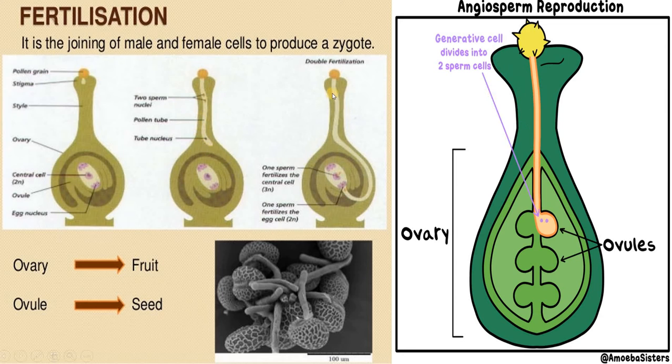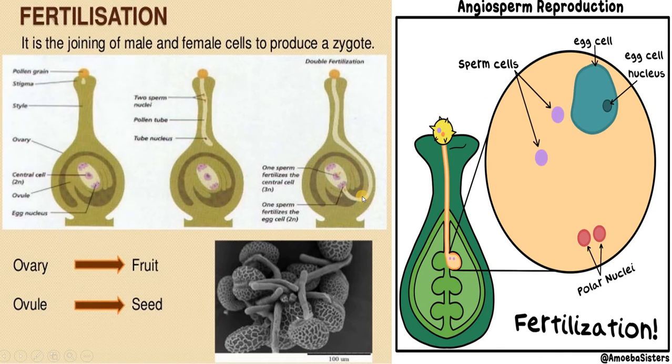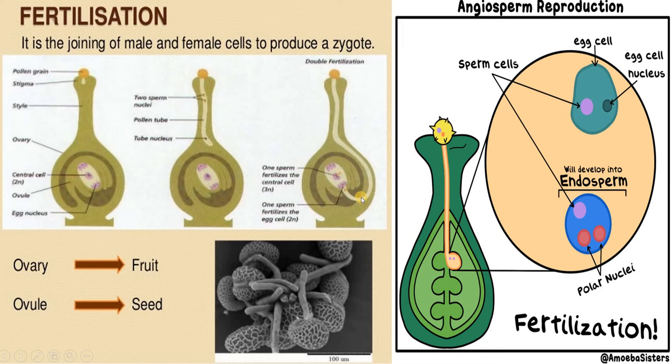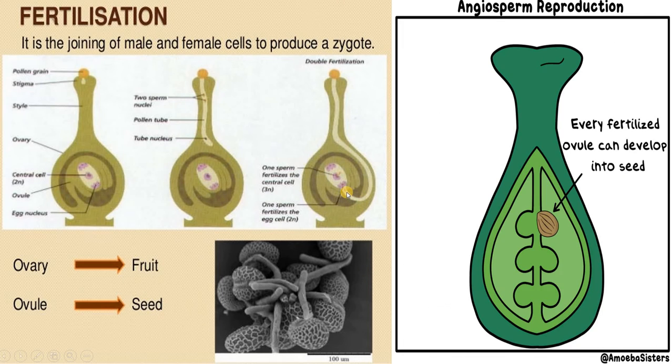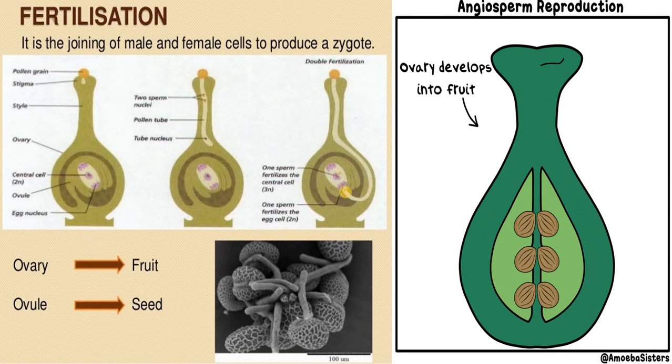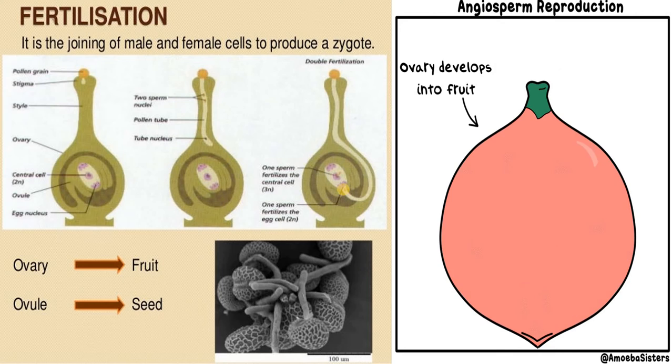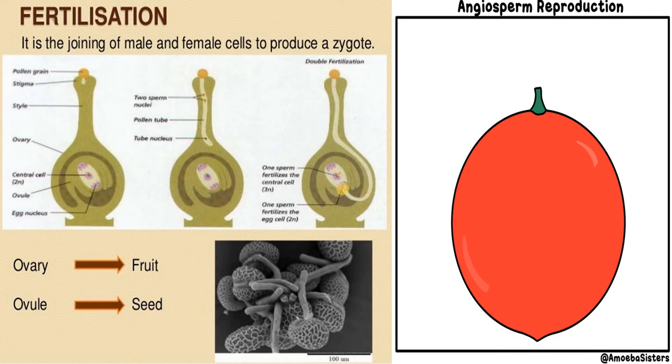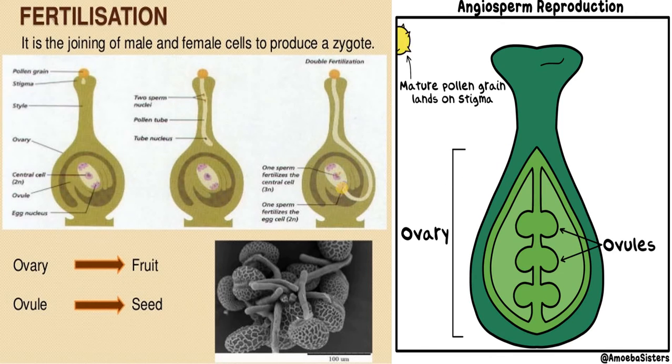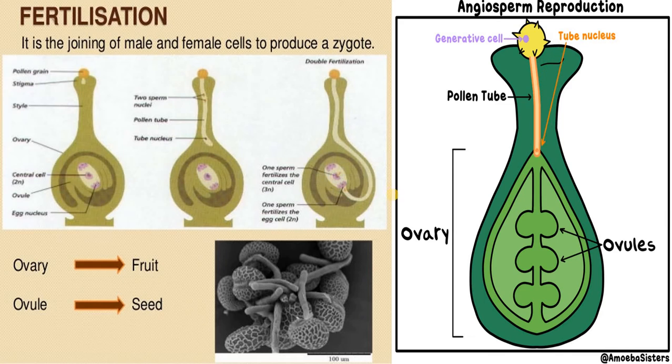The pollen tube enters inside the ovule. Then the tip of the pollen tube bursts open and the male gamete, that is the male nucleus, comes out of the pollen tube. In the ovary, the male gamete of the pollen fuses with the female gamete present in the ovule to form the fertilized egg cell.